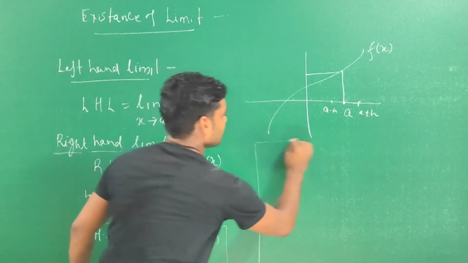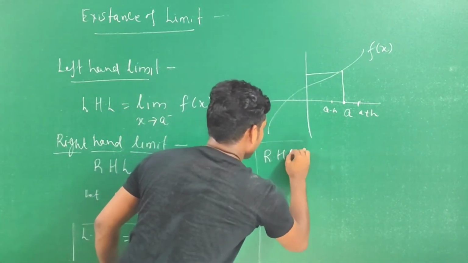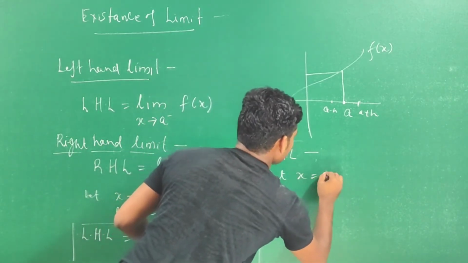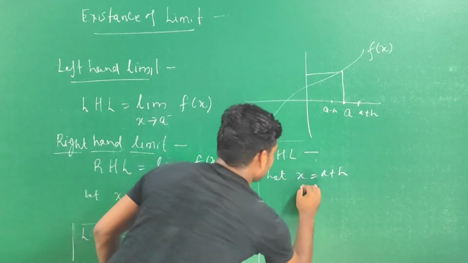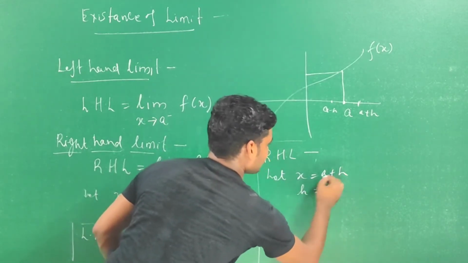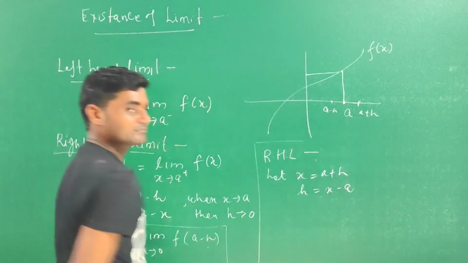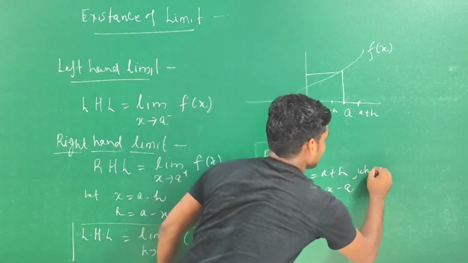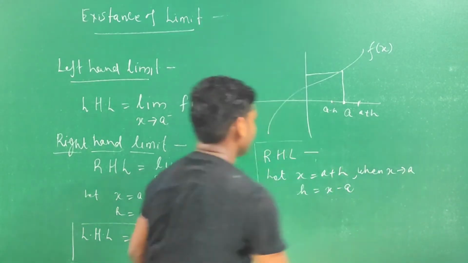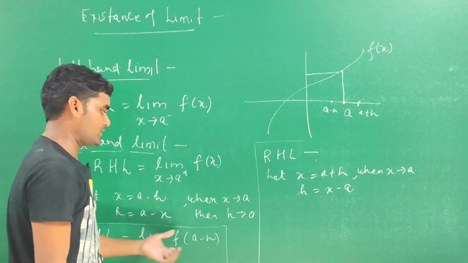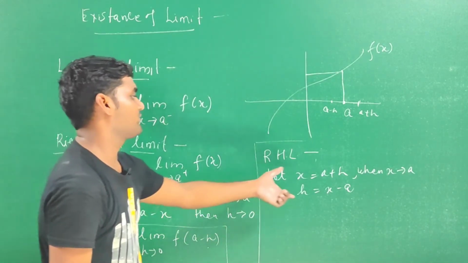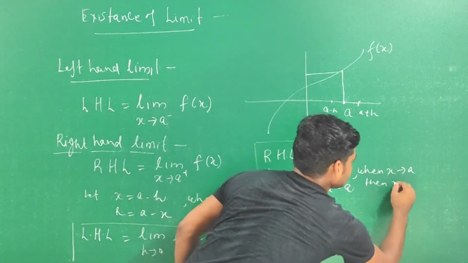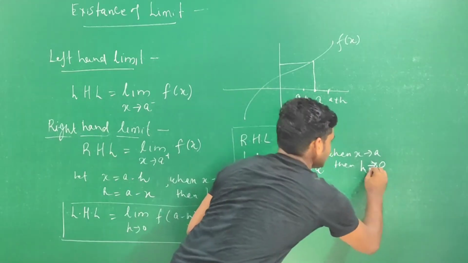Similarly, for right hand limit, let x equal a plus h. Then the value of h will be x minus a. Now similarly, when x goes to a, as we did for left hand limit, then h will go to 0.